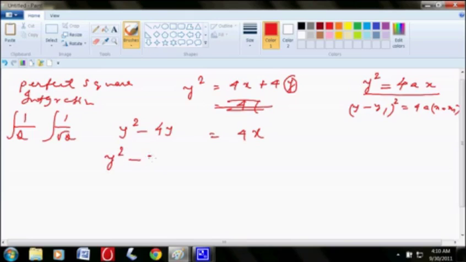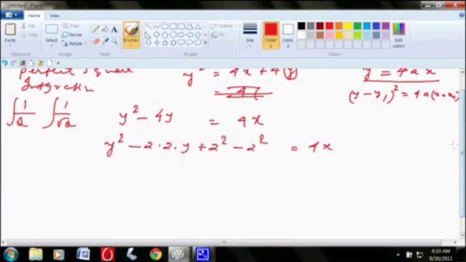This y square, this 4 is 2 times 2 into y, plus 2 squared minus 2 squared is 4x. It's very tedious on my part to discuss each and everything again and again. So for perfect squaring, I'll suggest you to go with the integration section where it's clearly discussed. Otherwise I have to divert another 15 minutes on this.